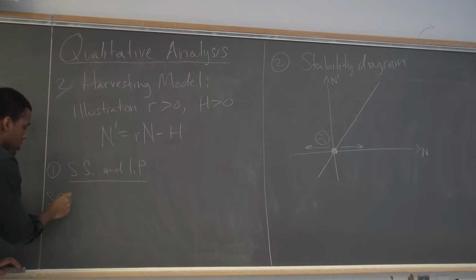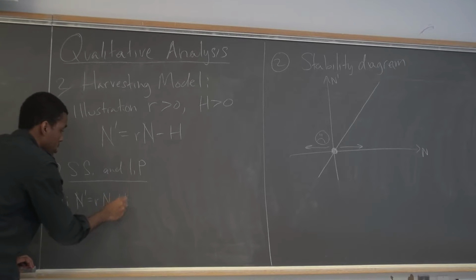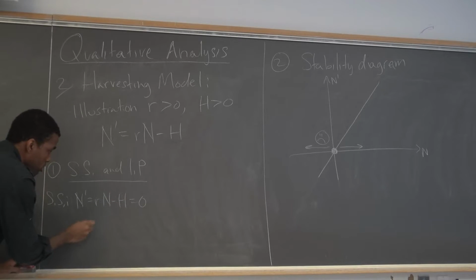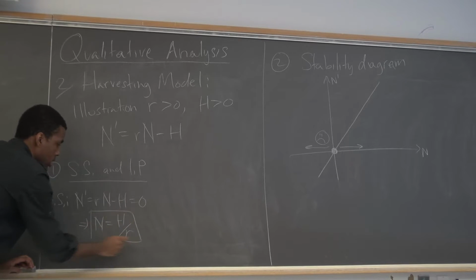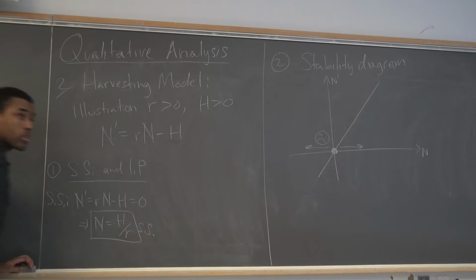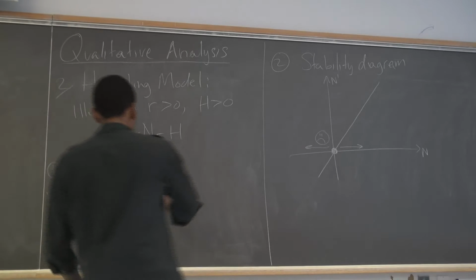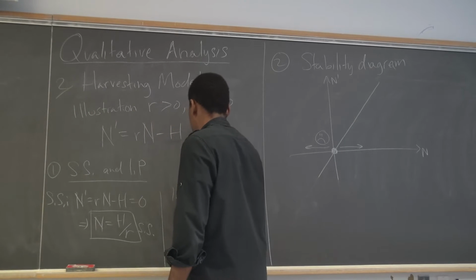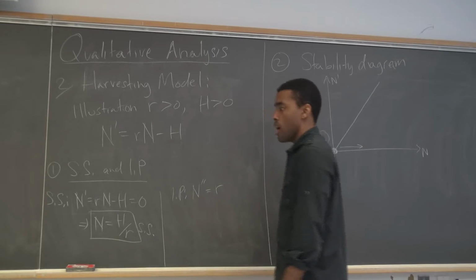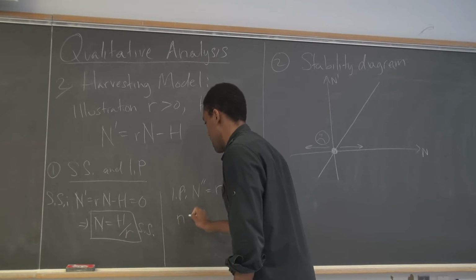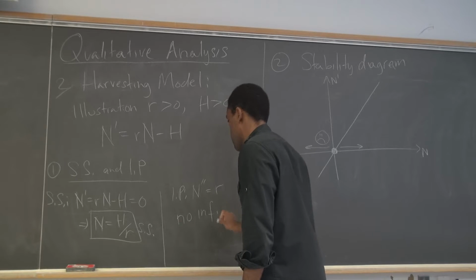For steady states, remember you set N prime equals RN minus H equals 0, which would mean your N is H over R. That would be where your steady state is. What about inflection points? In this case, the second derivative would again be R, so again there are no inflection points.